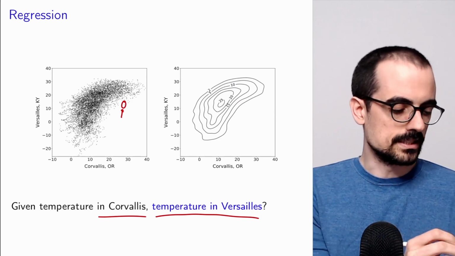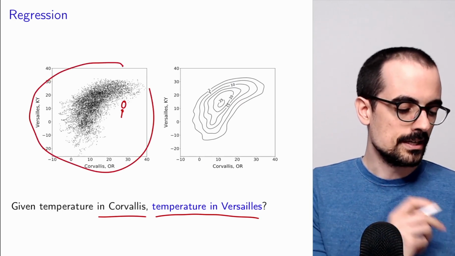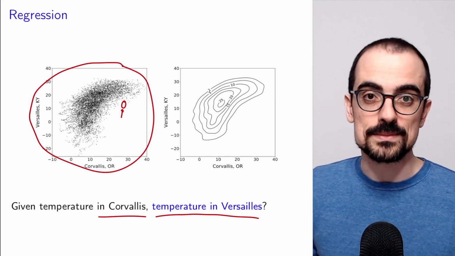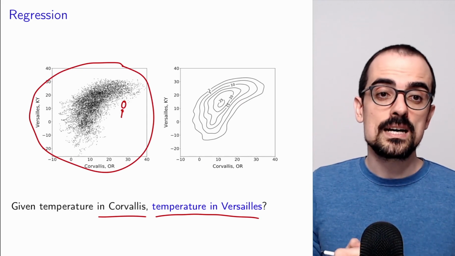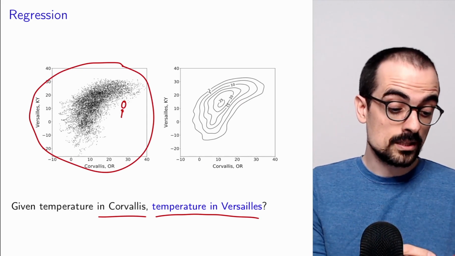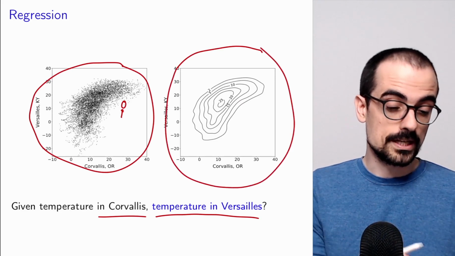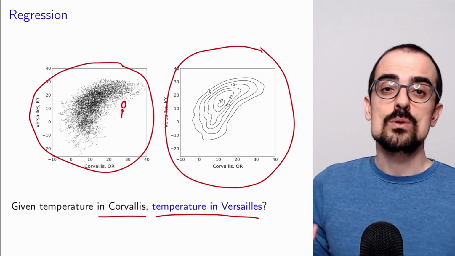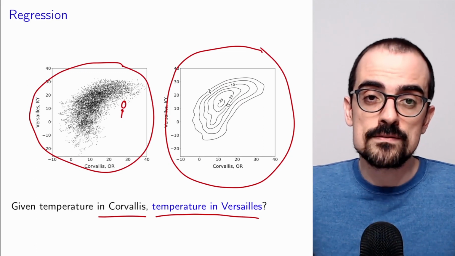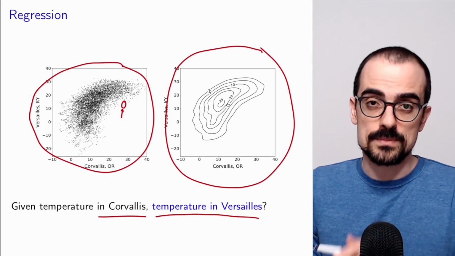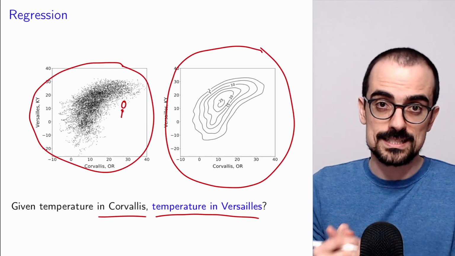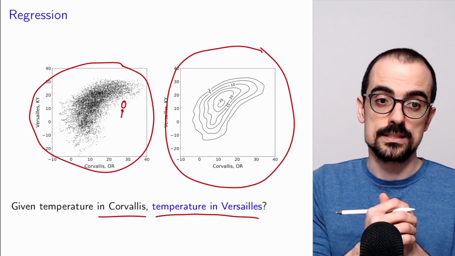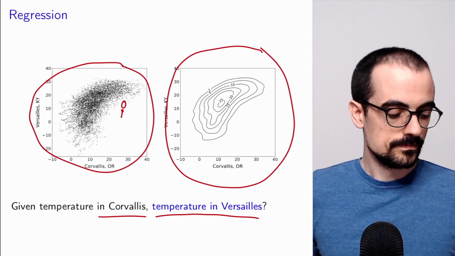Okay, so this is the scatter plot of past temperatures in Corvallis and Versailles at the same time. From such past data, we can estimate the joint PDF of the two random variables. Here I've estimated it using kernel density estimation. And now the question is, once we know this joint PDF, what is the best estimate of the temperature in Versailles as a function of the temperature in Corvallis?